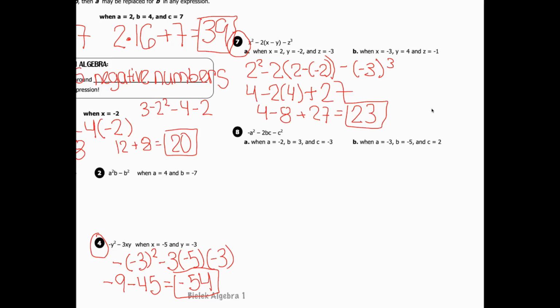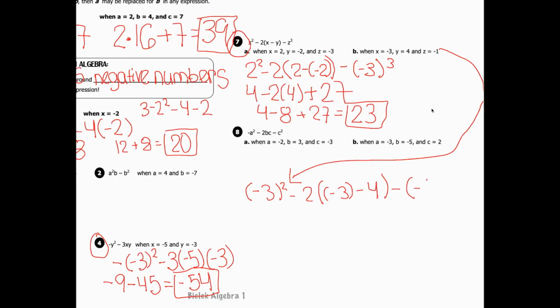Part B, I wrote a little too big there, but that's okay. I'll come down here since you're going to try number 8 on your own. So on part B, same expression, we just have some different numbers representing the variables this time. So I'm going to start out plugging in the numbers. So I'd have negative 3 squared minus 2 times negative 3 minus 4 minus negative 1 cubed.